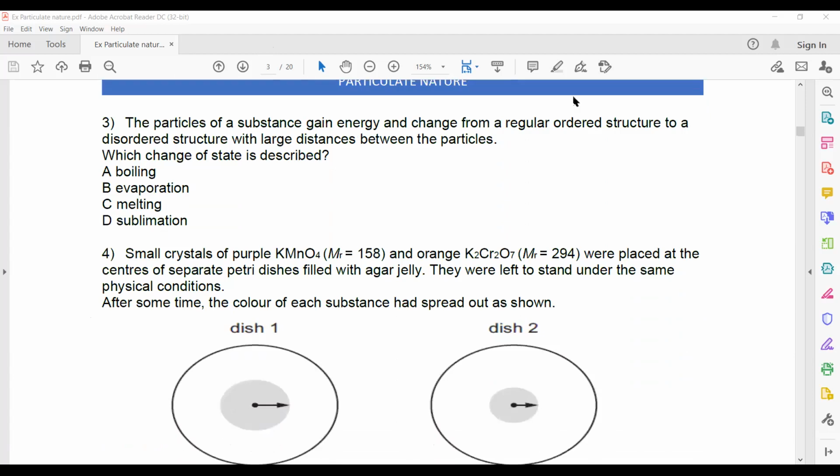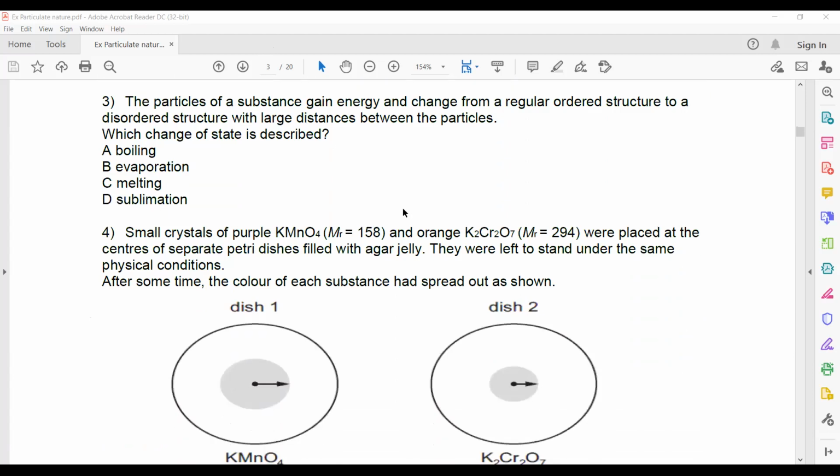Question 3. The particles of a substance gain energy and change from a regular orderly structure to a disordered structure with large distances between the particles.